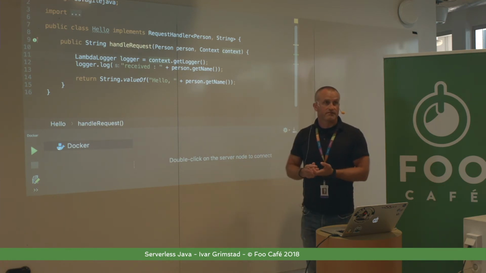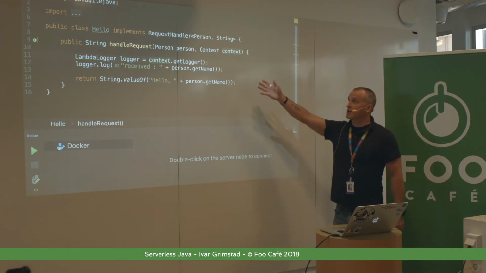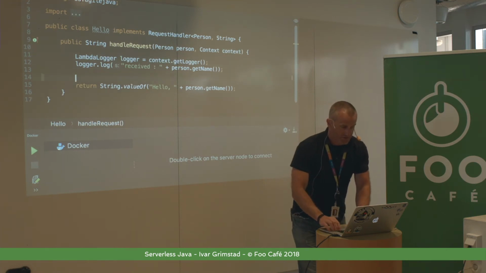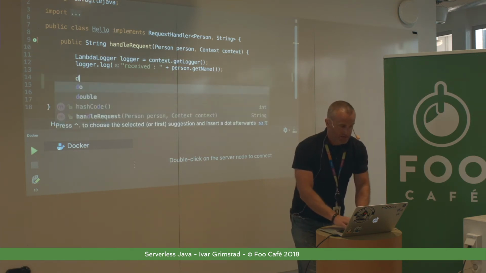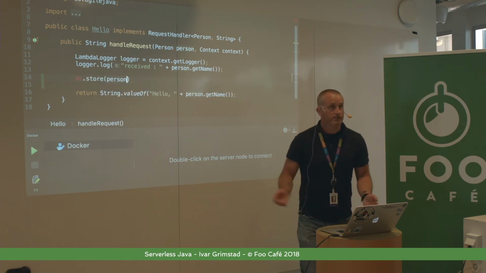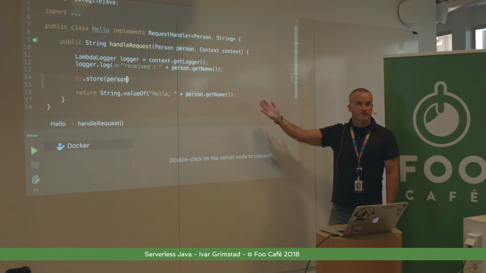I mean, where the client sends in all the context and all the state, then it's just clock cycles in serverless. Yeah. So in this case, if you were storing this one to a data source, you would typically do my data store store person, something like that. And you still wouldn't have state. No, not in this case.